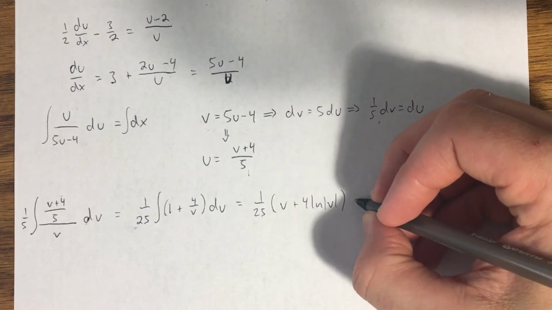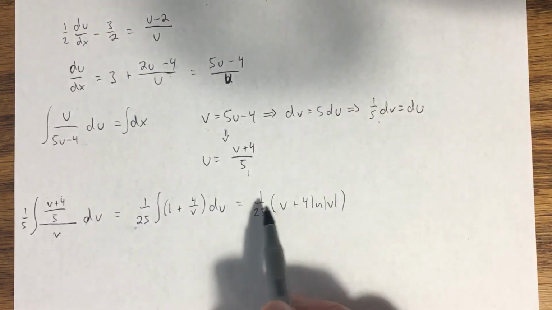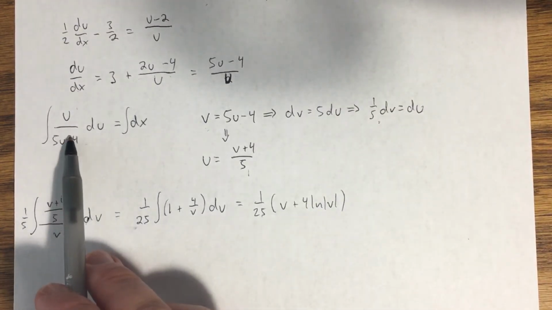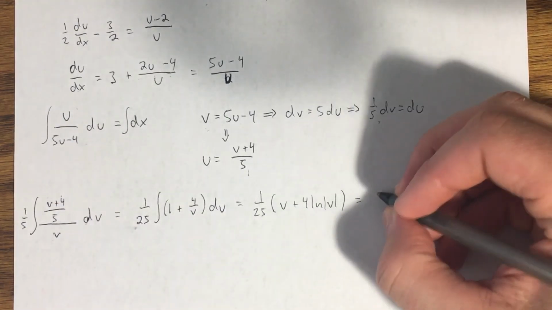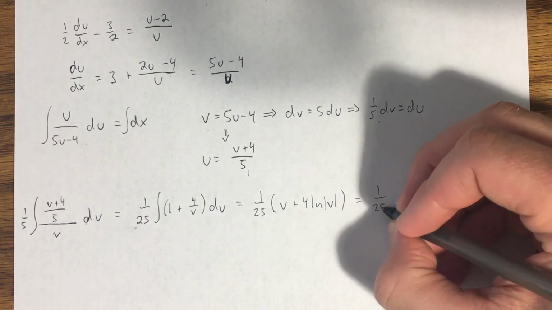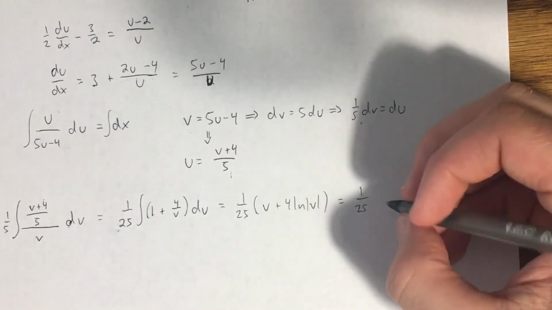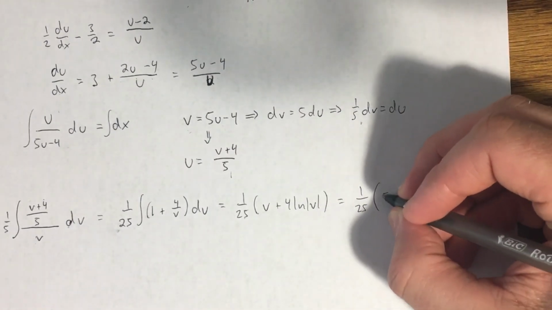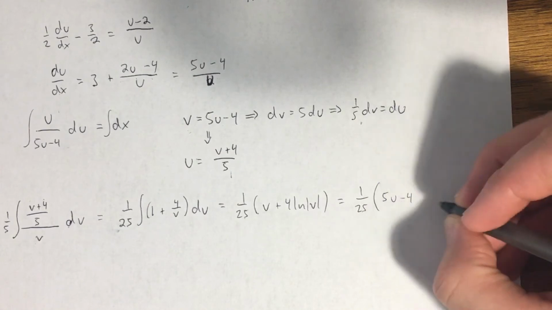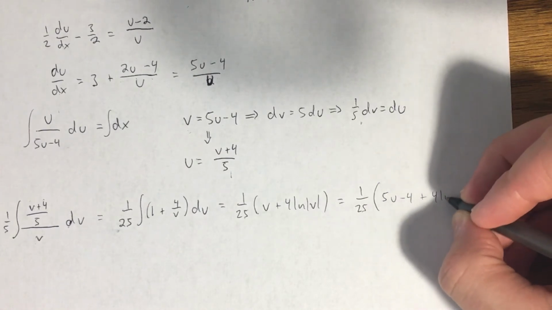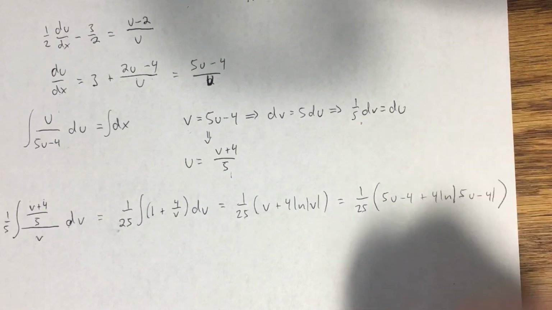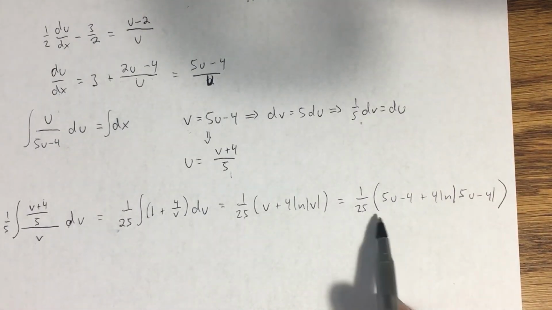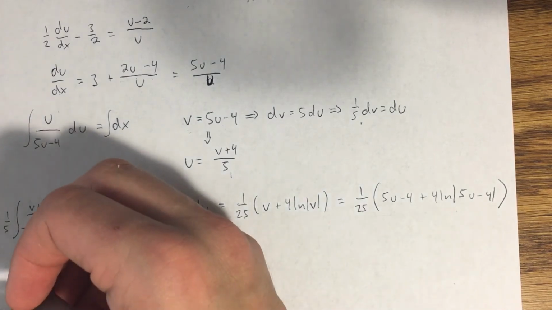I'm not going to do the plus c because remember this is just the left hand side of this equation up here, and we usually put the plus c over here. Substituting what v was actually equal to, this is the same thing as 5u minus 4 plus 4 times the natural log of the absolute value of 5u minus 4. Okay? So that, rewrite it over here.